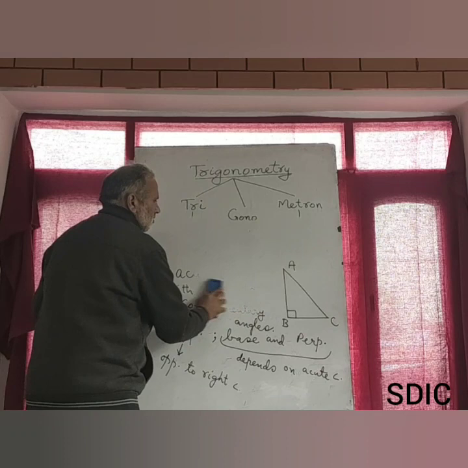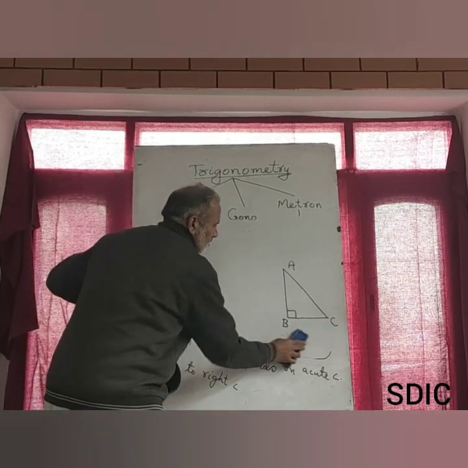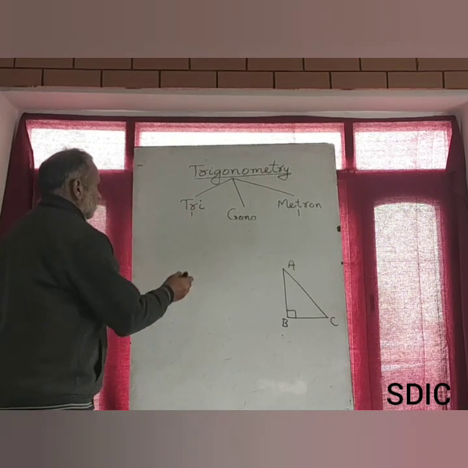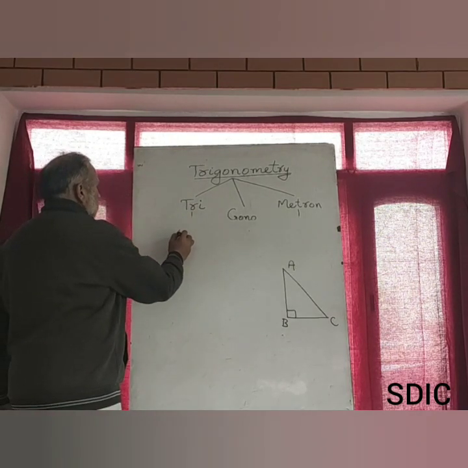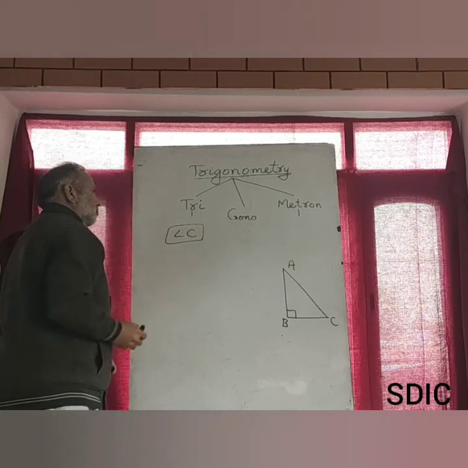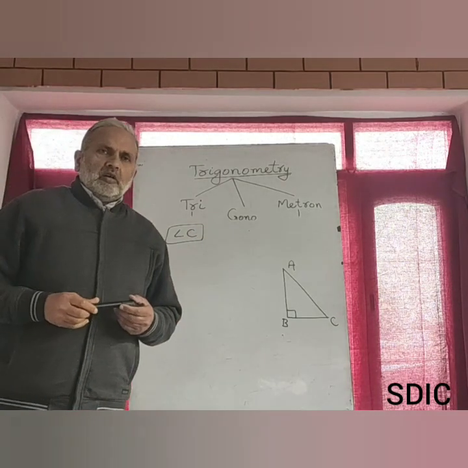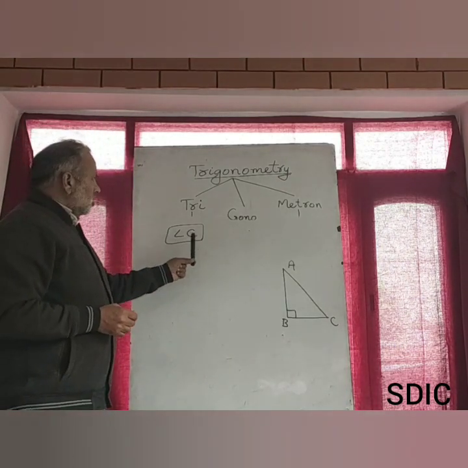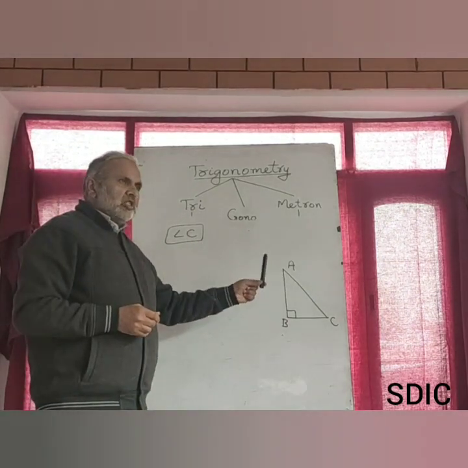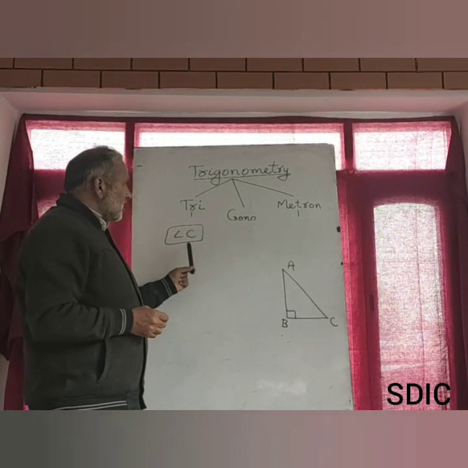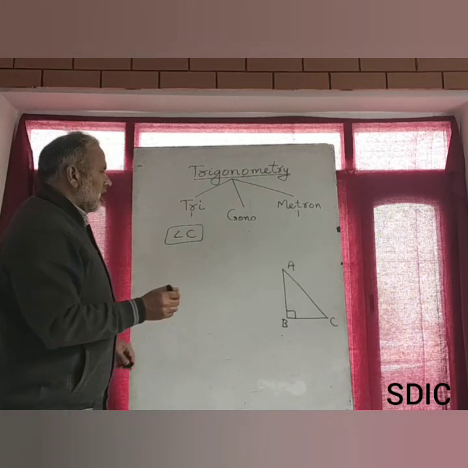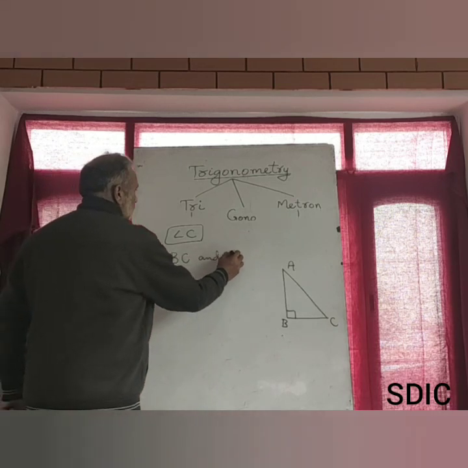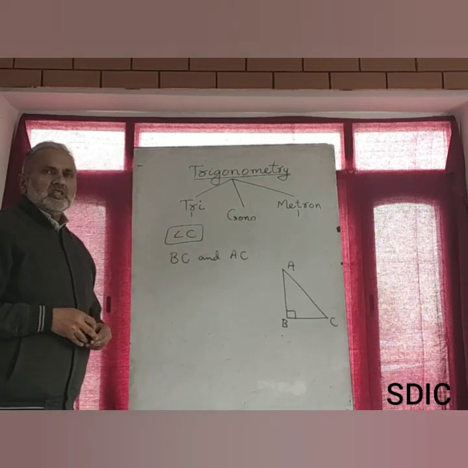Well, to understand this, let us choose acute angle C. All of you know the arms of acute angle, the arms of angle C here in the figure are BC and AC.